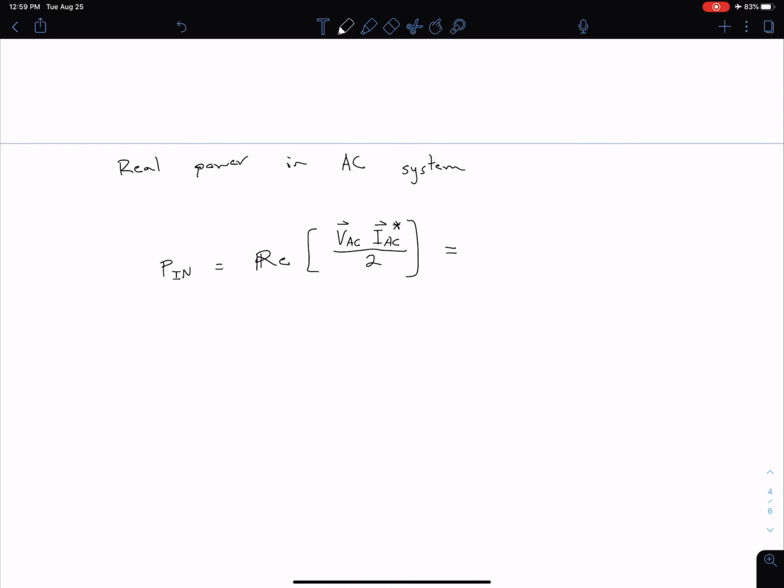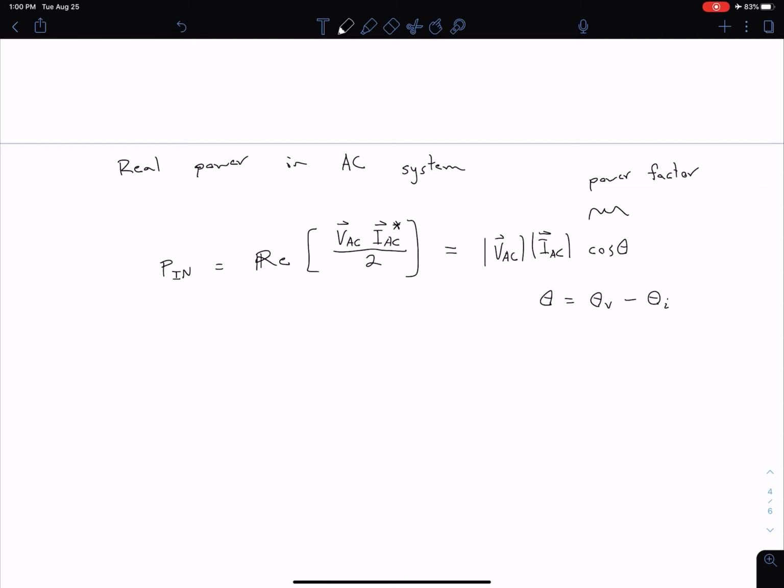So if we go through that math, what we could show is that is equal to the magnitude of our voltage phasor times the magnitude of our current phasor, and both of those things multiplied by cosine of theta, where this cosine of theta term, let me indicate that it's just this cosine of theta term, is, you might recall, our power factor. And so of course theta in general is defined as the phase angle of our voltage minus the phase angle of our current.